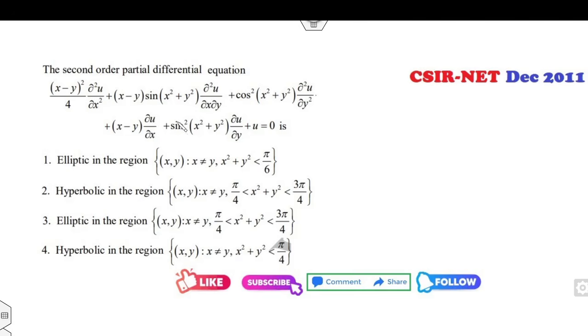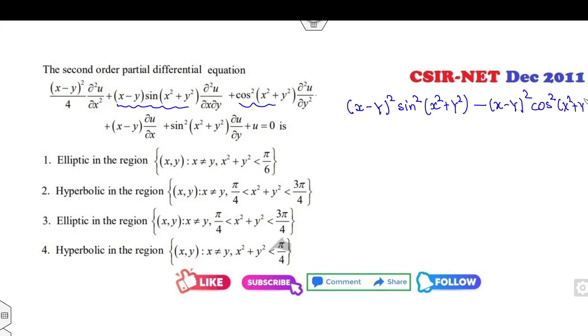Now it's a CSIR NET examination. Okay, so again, I can start with b square, x minus y square into sine square of x square plus y square, minus 4ac. If you multiply them, 4 will be cancelled out. A into c cos square of x square plus y square.